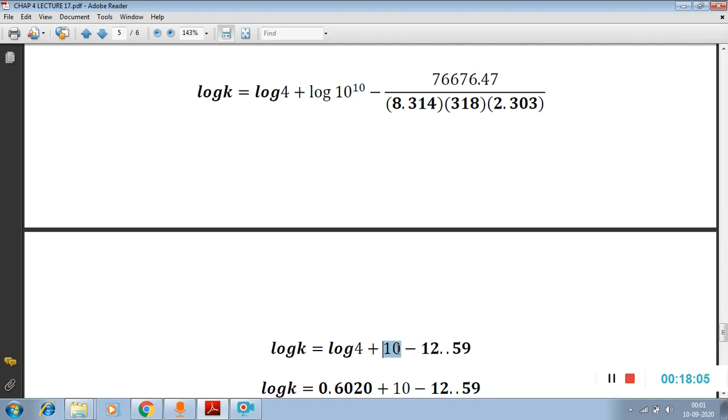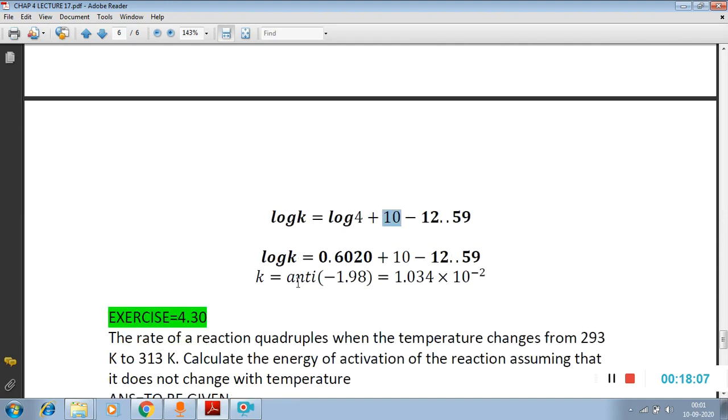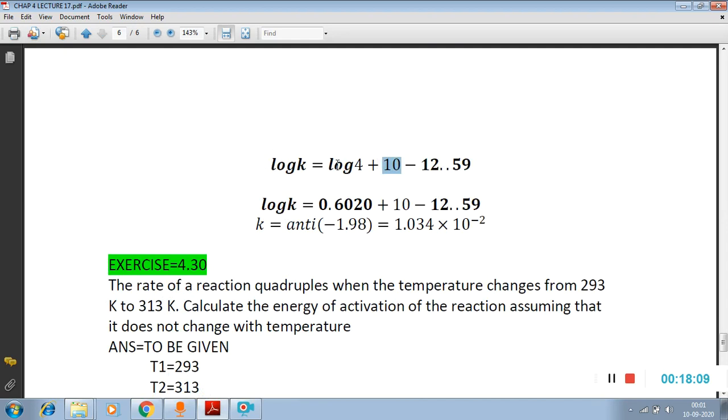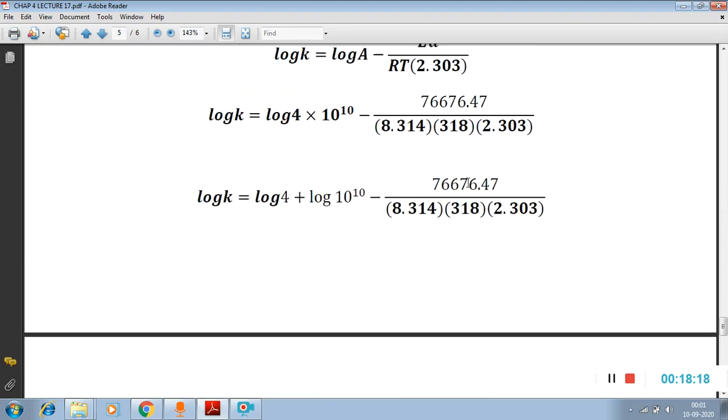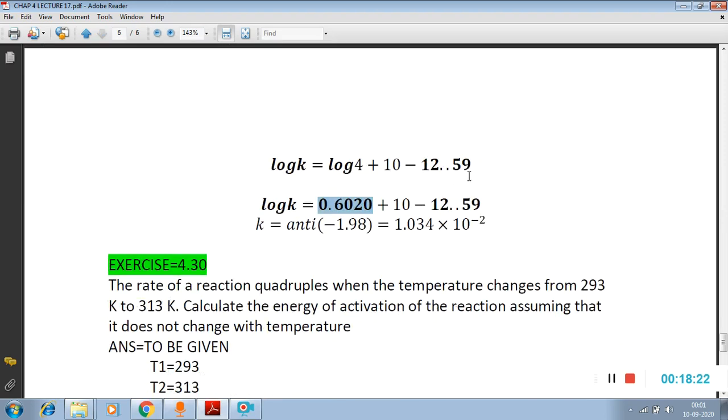So here I have written 10 only. Then log 4 value, that is 0.6020, and this whole calculation will be 12.59. So here I have written that.